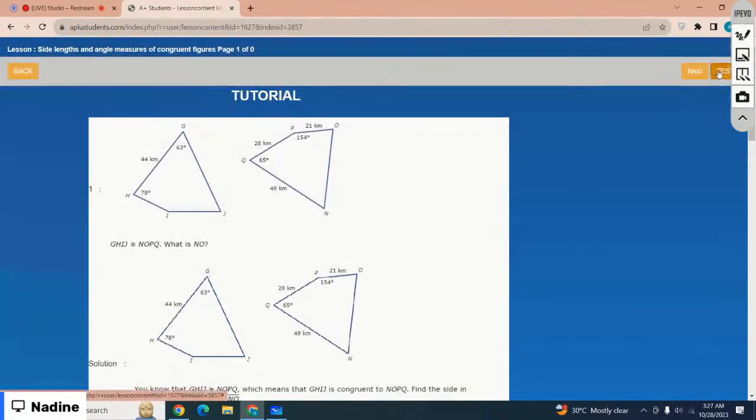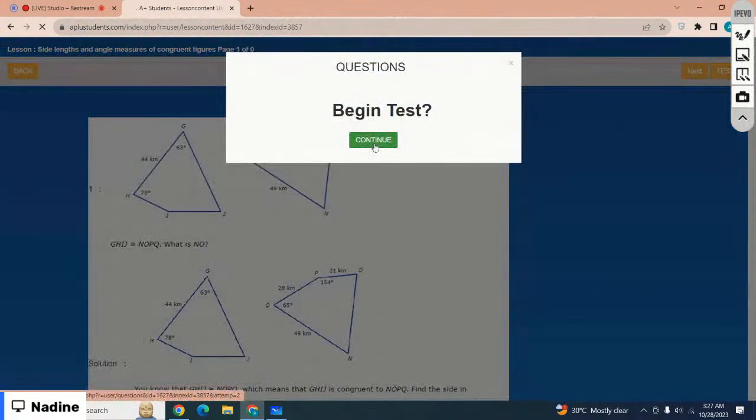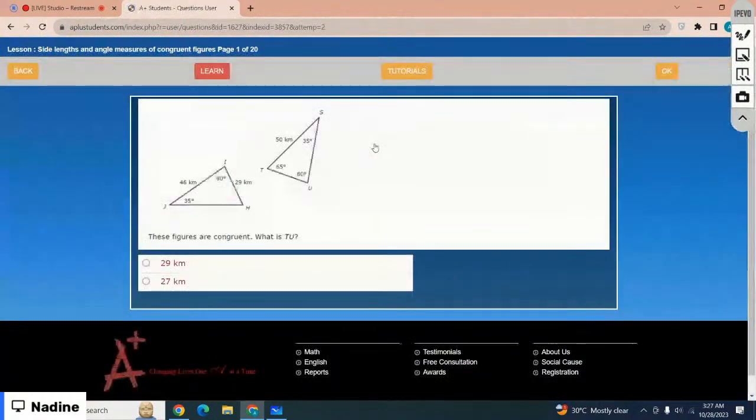Okay, let's just start with the test questions. These figures are congruent. What is DU? You have to see where DU is.